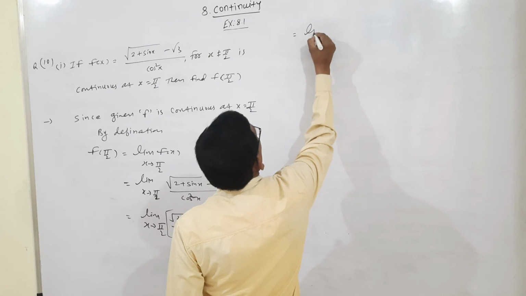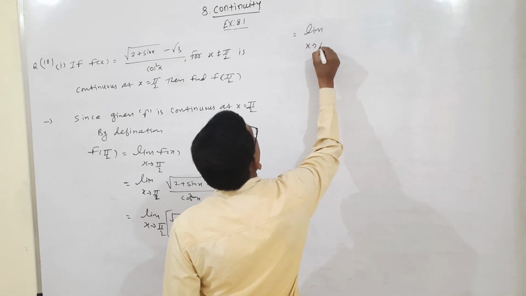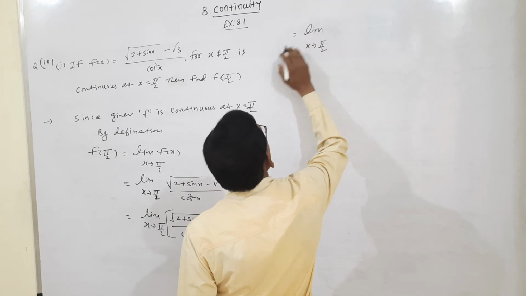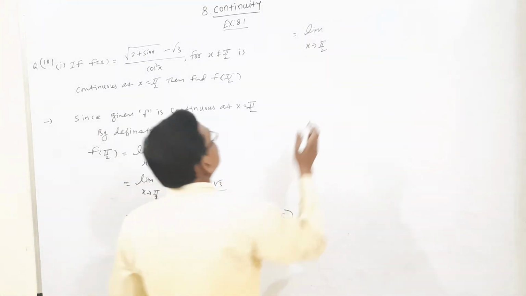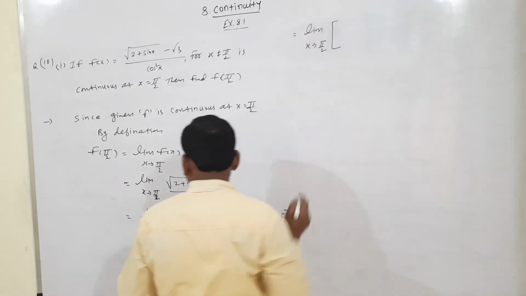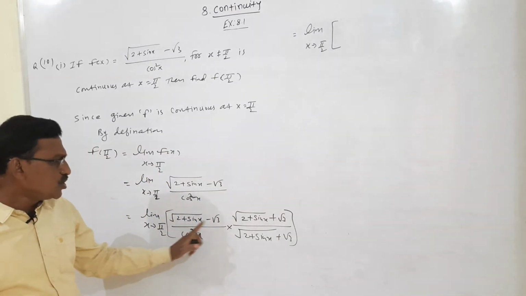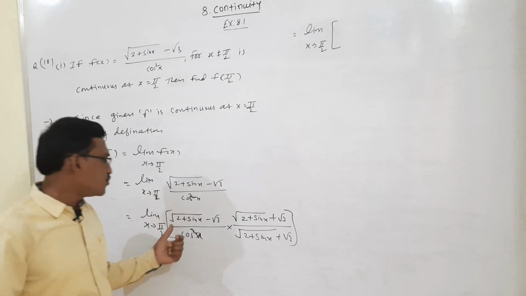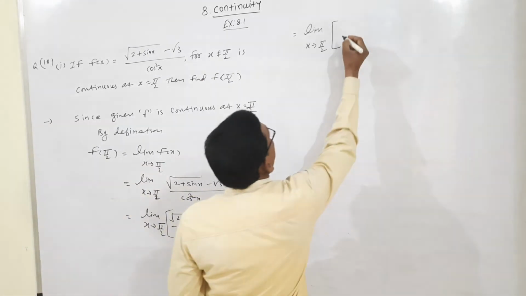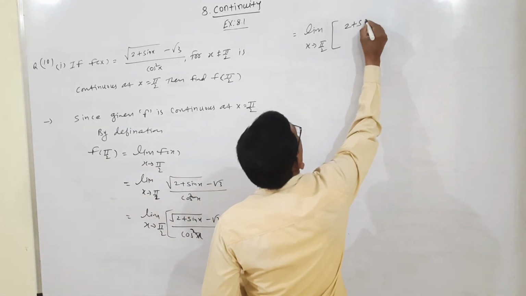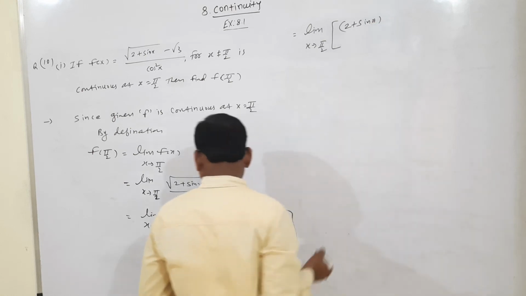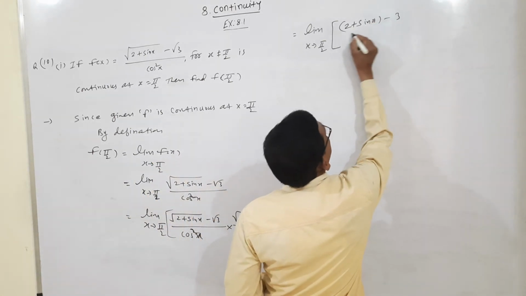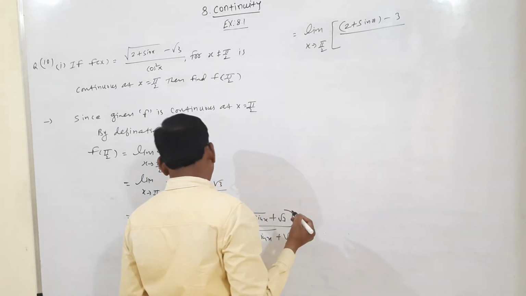It is equal to limit as x tends to pi by 2. When we multiply root into root, it removes the root sign: 2 plus sin x, then minus into plus is minus, root 3 into root 3 is 3, divided by cos square x.